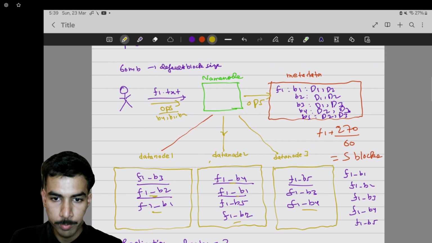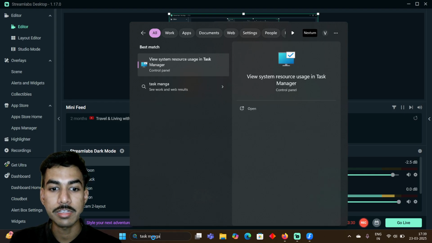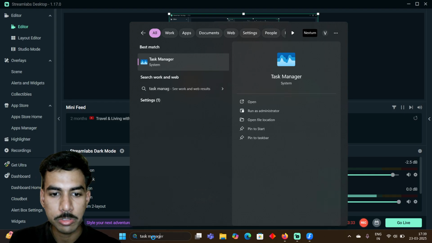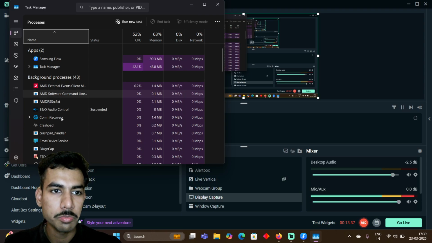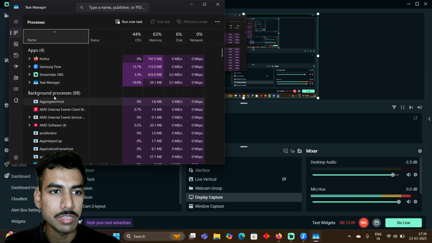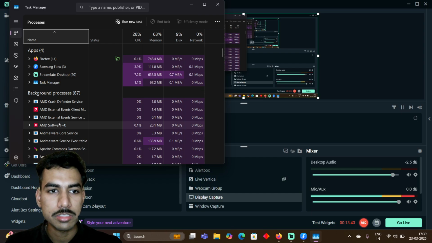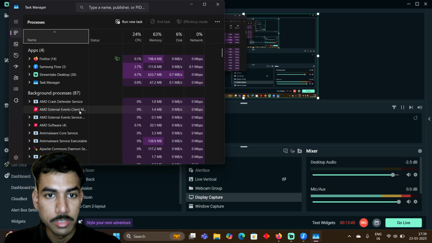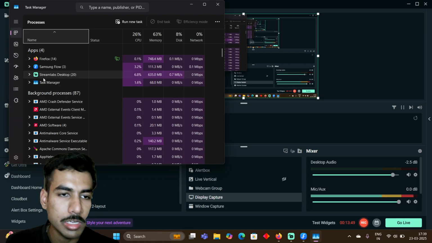Let me just show you. I will show the display capture. I will also talk about the replication factor. In the task manager, these background processes, more background processes it will require to do the operations. So more parallel processing, more and more processes it will require.